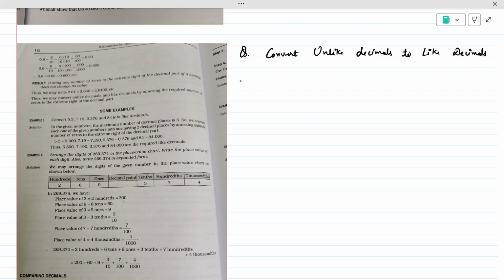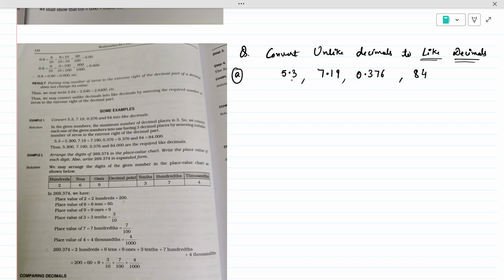Let's see. What is given to us here is 5.3, 7.19, 0.376 and 84. These are the numbers which are given to us. Since we have to convert them into like decimals, the number of decimal places after the decimal point should be the same.